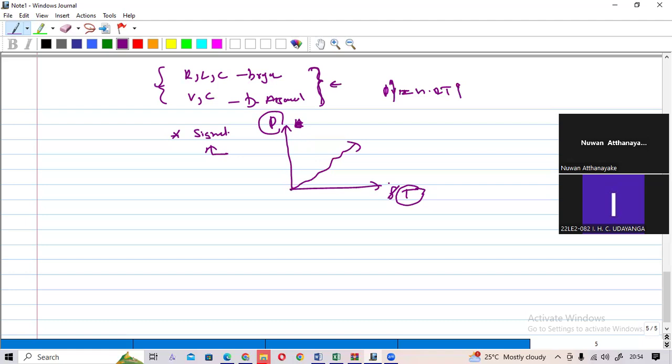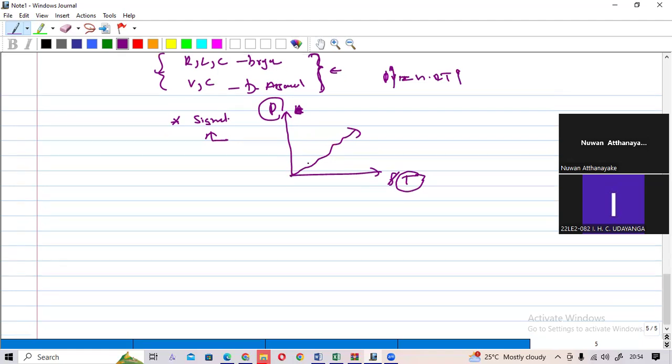But we are in the electrical and electronics domain. So most probably we consider signal as voltage, current, or power. Power is actually VI, which is again voltage and current. So we consider voltage signal, current signal, and power signal.